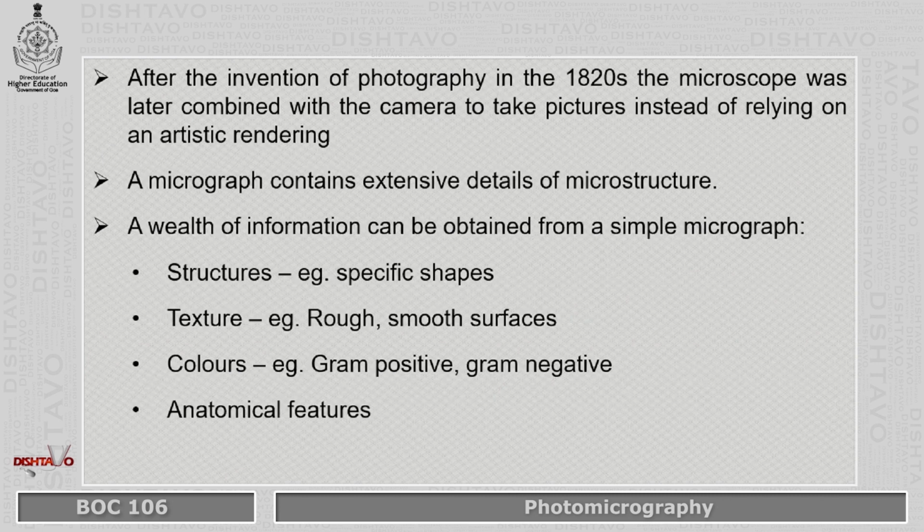After the invention of photography, the microscope was combined with the camera to take pictures instead of simply relying upon illustrations or line drawings, because a micrograph contains extensive details of microstructure. A wealth of information can be obtained from a simple micrograph, that is, we can study the structure, texture, even the color of the microorganism and also the anatomical features.